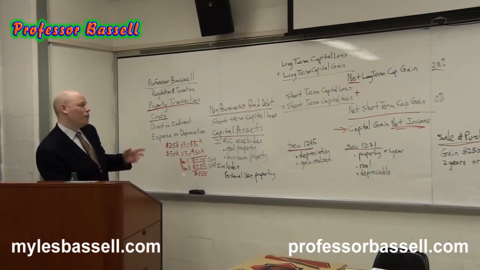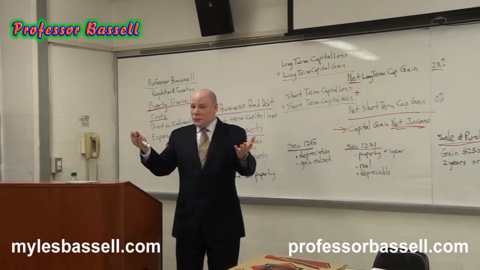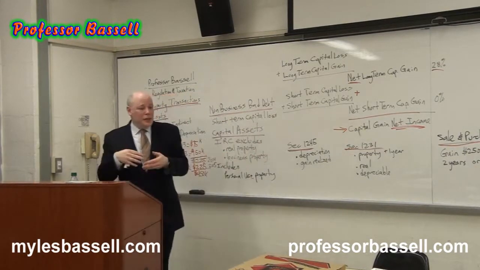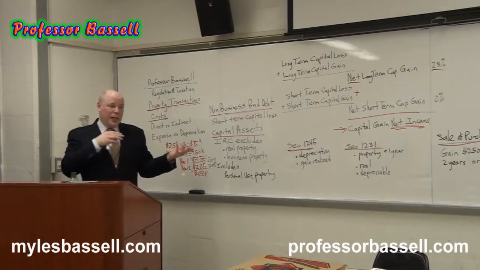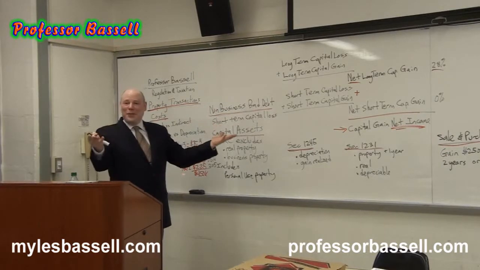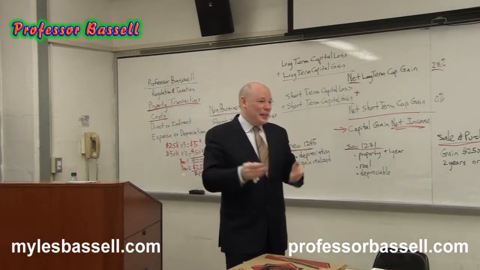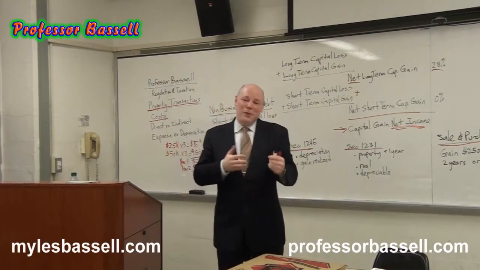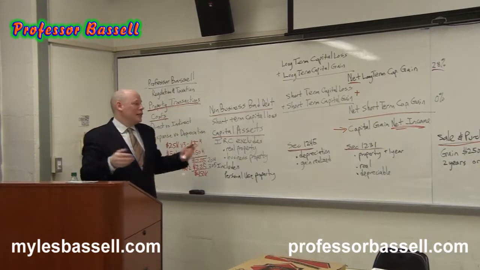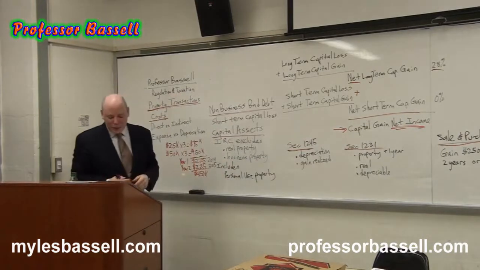At the end of the day, I want to know what happened. Did we make money? We sold a variety of stocks. Some we sold at a loss, some at a gain, some were short-term, some were long-term. Some of them we made 12,000, some we lost 6,000, some we made 20,000, some we lost 3,000. So we'll have to calculate the capital gain net income.